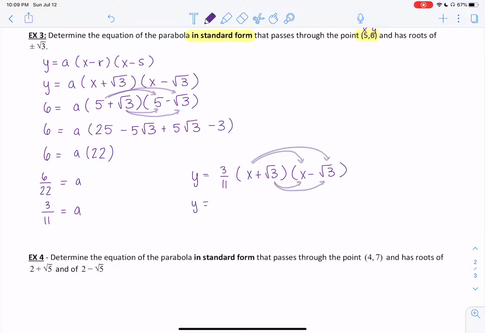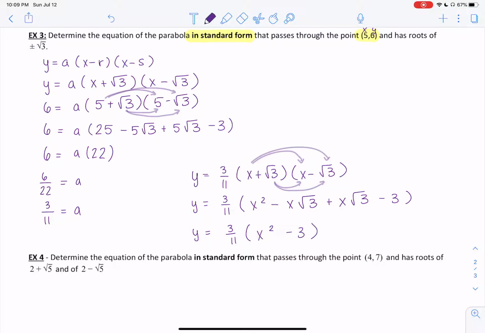So we'll have y equals 3 over 11 multiplied by x squared minus x root 3 plus x root 3 minus 3, and we'll get 3 over 11 multiplied by x squared minus 3, like this.